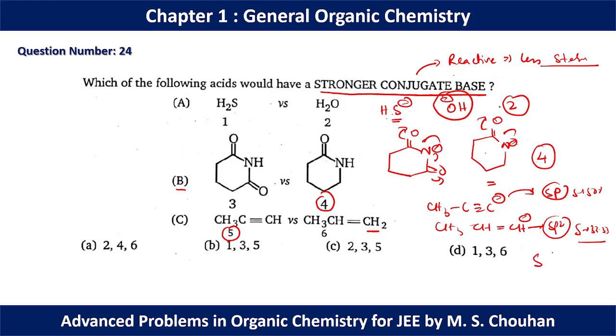As we know, the more the s character, the more stable the negative charge. So between 5 and 6, the negative charge in 5 is much more stabilized. That's why 6 is much more reactive. We have to find the more reactive or stronger one, so the answer should be 2, 4, 6. That's why for question number 24, option A should be the correct option.